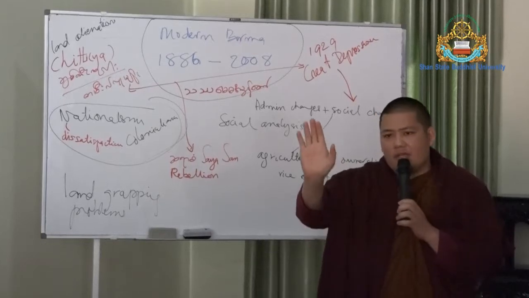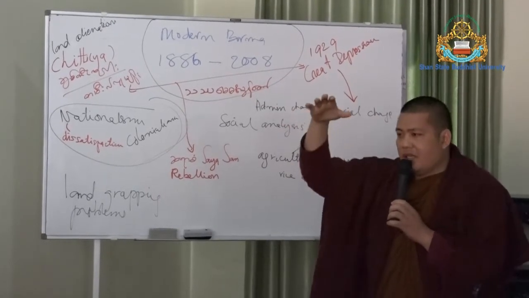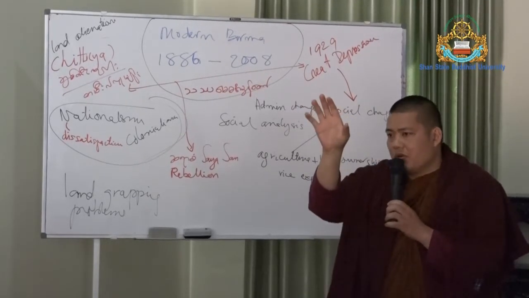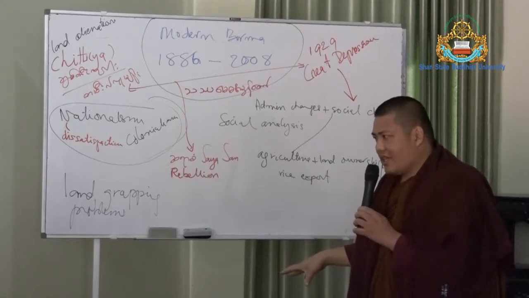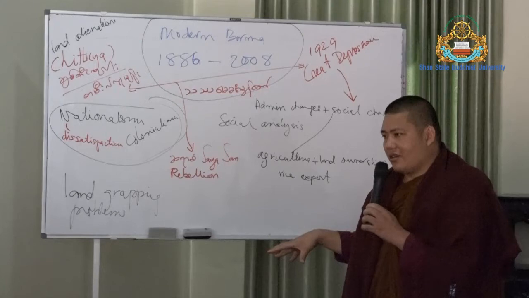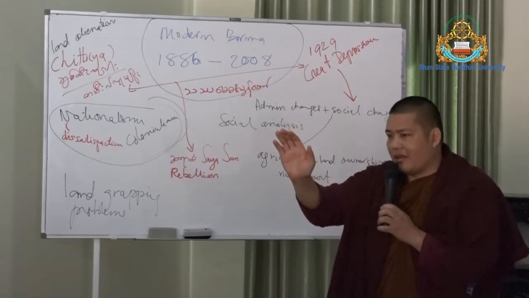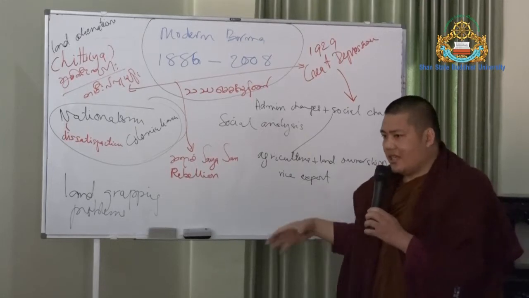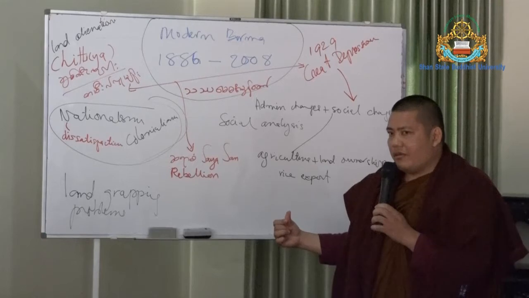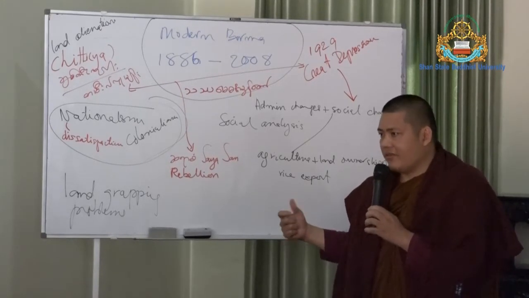If you compare Upper Burma under the independent Burmese monarch with Lower Burma under the British, people chose to live under the British. They preferred to live under the British, under colonialism, not under independent Burma. Why? Because life here is better, more opportunity, and more fair before the court, before the law.